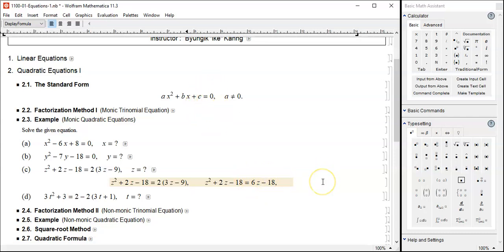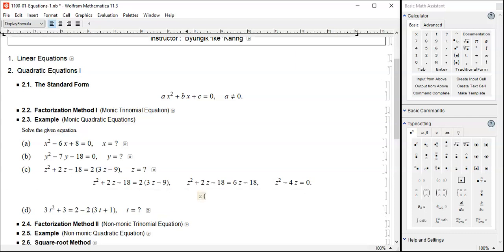That's the standard form. So we have z squared, and then flip the 6 to the other side. 2 minus 6, we have negative 4z. And then minus 18, oh, they cancel each other out. That's what we have as factorization. Can this be factored? Yes, you can.